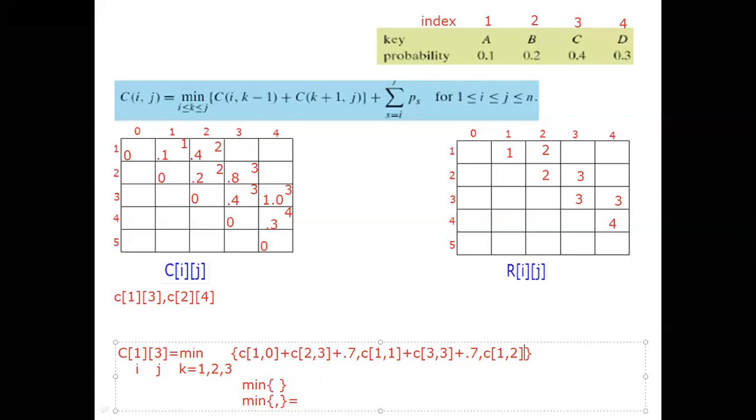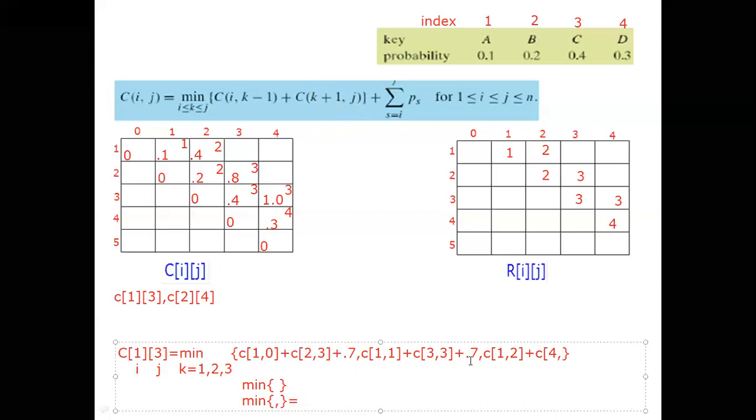Plus C of this value, k plus 1. What is k? It is 3, so it is 4, comma, k minus, it is j. K plus 1 we have done, 3 plus 1, 4. J value it is 3.